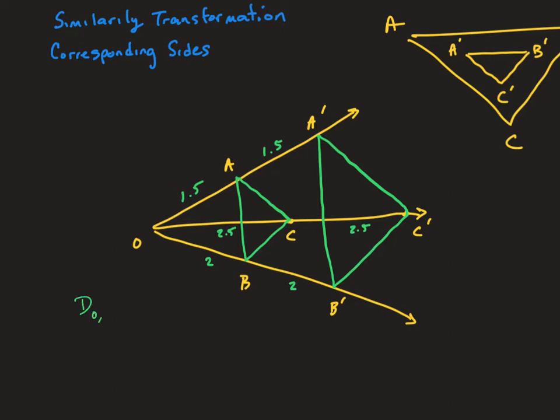The center is going to be O, and if I look at the scale factor, I know that A prime B prime is the same as AB, and A prime C prime is the same as AC, and then I also have B prime C prime, which is the same as BC, which is going to be equal to, well, if I had said it was 2, it's going to be 2, a scale factor of 2.